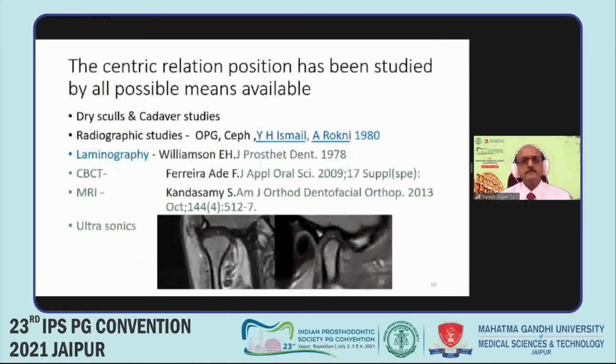All right. Well, then, through the ages, for nearly 100 years, it has been studied. They studied dry skulls to begin with, and then they did cadaver studies, then radiographic studies using OPG and cephalograms, then laminographic studies, and then CBCTs, MRIs, ultrasonics, whatever possible imaging ways, just to understand where the condyle is going to be at its comfortable position.